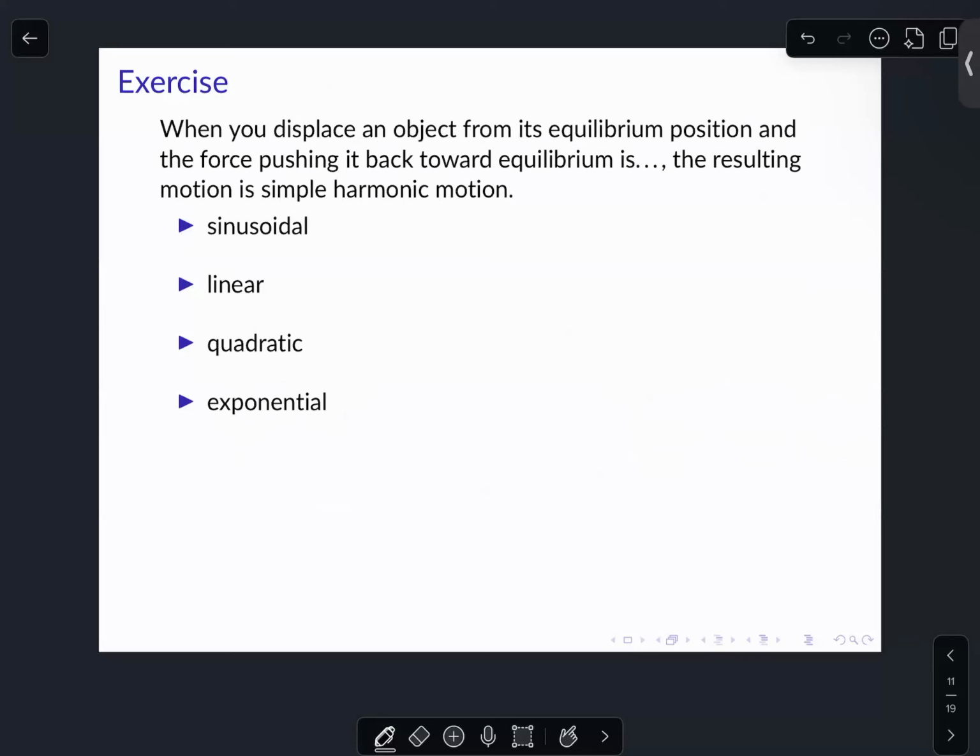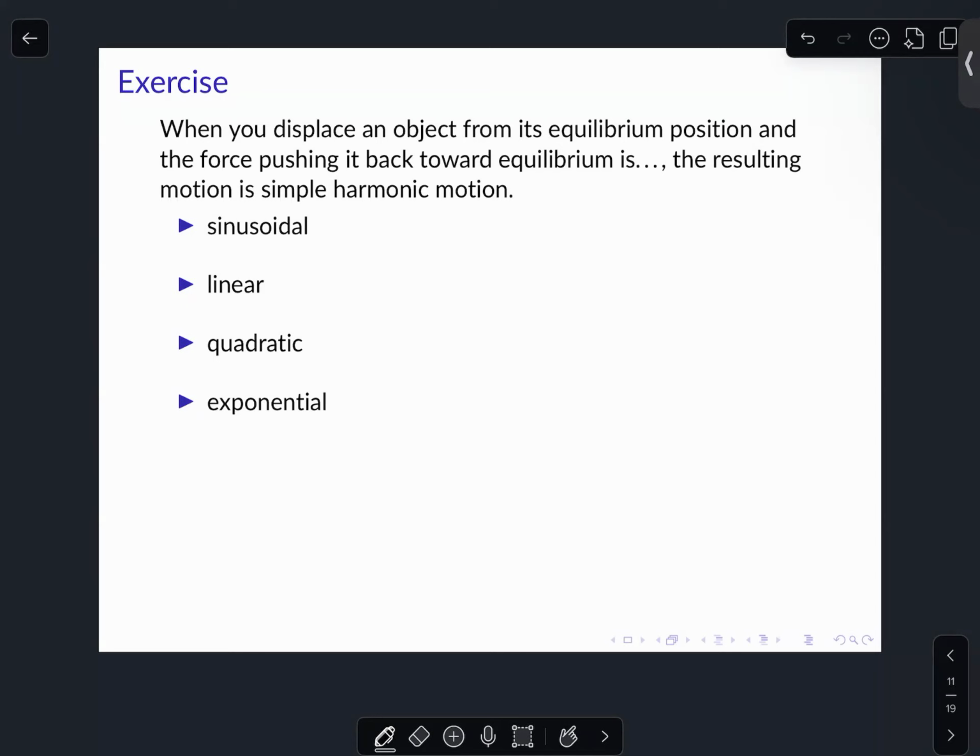D, when I displace an object from its equilibrium and the force pushes it towards what? And the force which pushes it back towards equilibrium is what? The resulting motion is simple harmonic. Google form D, you have 10 seconds. A, B, C, D: sine, linear, quadratic, exponential.